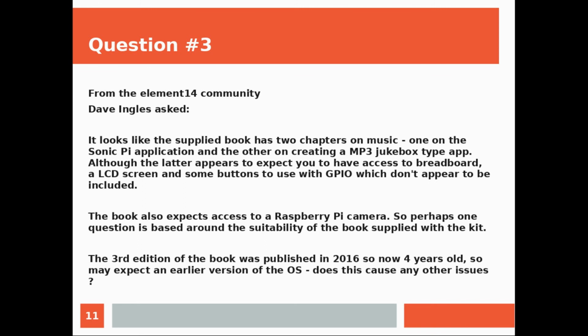The book also expects access to the Raspberry Pi camera, so perhaps one question is based around the suitability of the book supplied with the kit. The 3rd edition of the book was published in 2006, so now 4 years old, so may expect an earlier version of the OS. Does this cause any other issues?